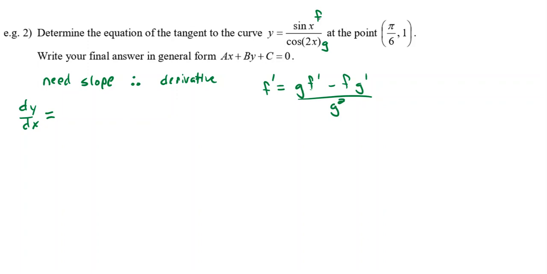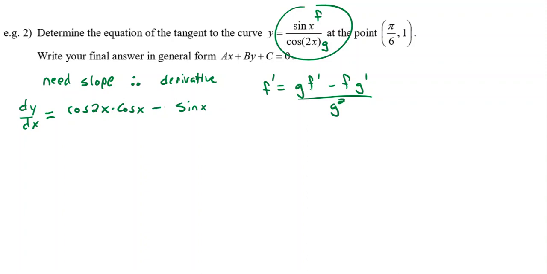So applying this to our situation, this would be cos 2x, that's just g, times cos x, the derivative of sine, plus sine x, just f, and then the derivative of g. Oops, sorry, I wrote plus when I should have written minus.